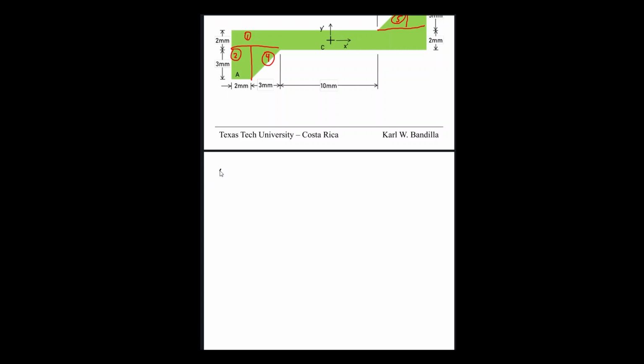For the centroid, we'll need I, we'll need A_i. This is all millimeters squared.